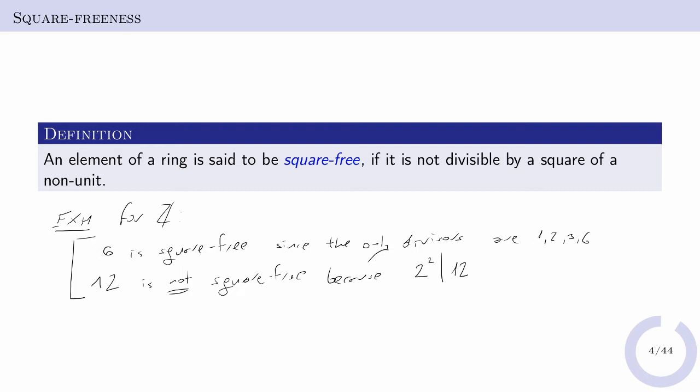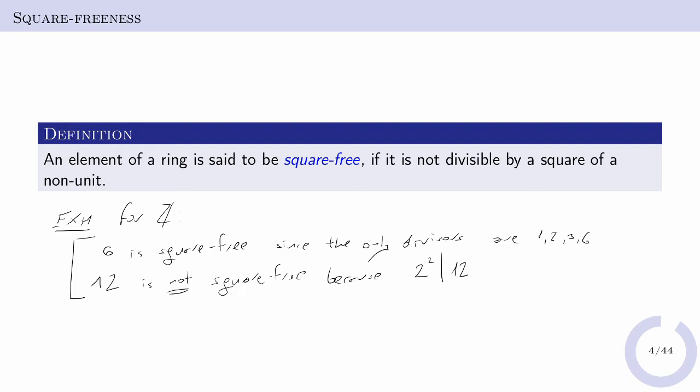In case of 12, we have 2 squared times 3, so one of the primes appears at the second power, so 2 squared divides 12, and so 12 is not square-free. More generally, if we factor an integer into a product of powers of primes, and at least one of these primes has an exponent higher than 1, this means that this integer is not square-free.